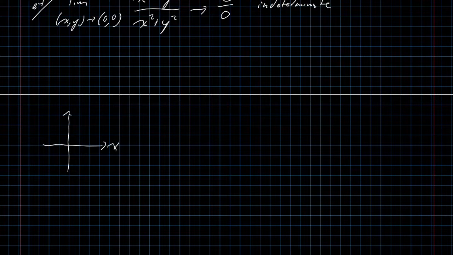But I'm going to set up three what I think are fairly obvious paths just so we can play around with it. Right? Our goal is to get to the point 0, 0. Some obvious paths you can take are going directly in along the x-axis, going directly in along the y-axis, or maybe going in at a 45-degree angle between them.